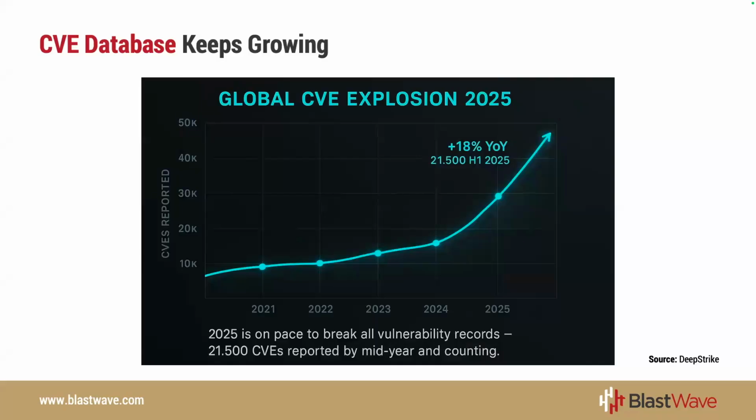The other thing to keep in mind as we talk about remote access is that the global CVEs just continue to explode. And probably most troubling, it's not just the OT systems that are reporting CVEs, it's actually the firewall and VPN companies that are supposed to be protecting your OT network, especially remote access.